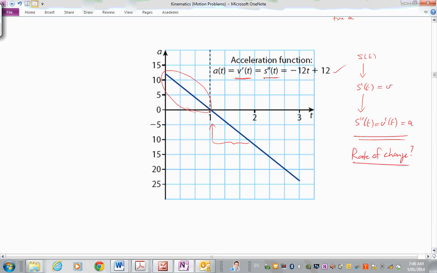By t is 2, it actually slowed the body down to a stopping point 8 meters from the origin, and then because it kept being negative in this region, the body then went back to the origin at t equals 3.